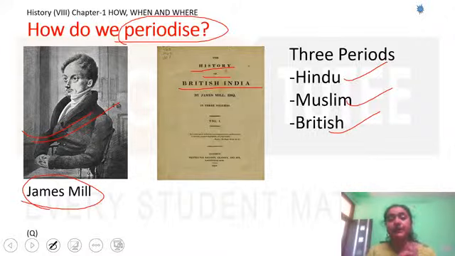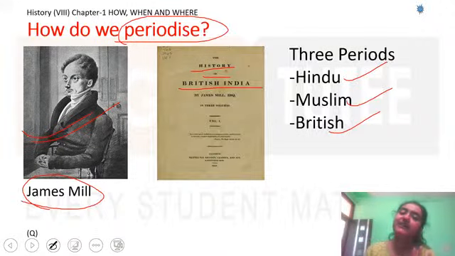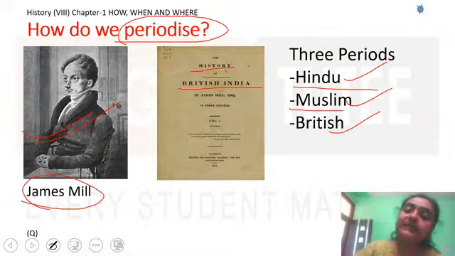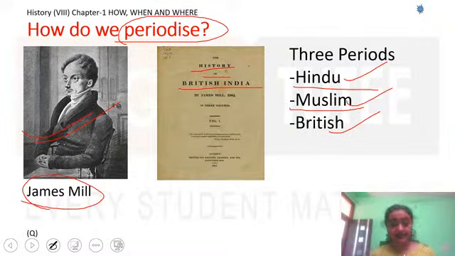Okay, in class 6, and on what basis was this classification done? This was done on the basis of the 3 books you have studied in class 6, 7th and now 8th. Hindu period was related with ancient India, in which you have talked about rulers like Chandragupta Maurya, Ashoka, Harshvardhan, all these Satavahanas and everyone. And then Muslim period was related with Delhi Sultanate period and Mughal period.